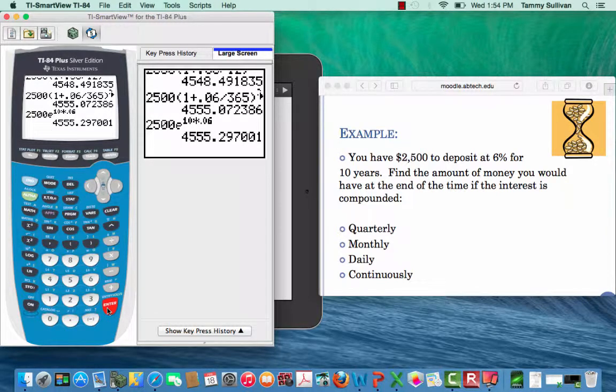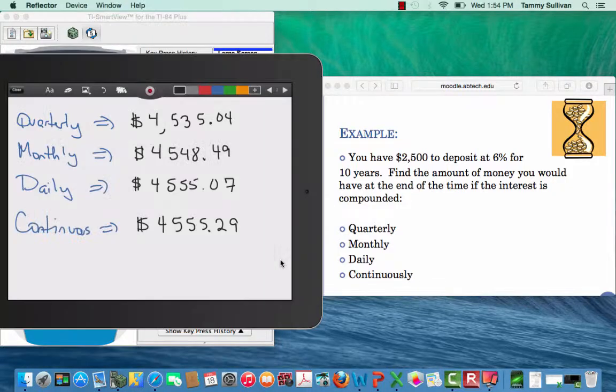And then the continuous gives me $4,555 and basically 29 cents, 30 if you round. So to sum it up, there's what if it was in the bank for 10 years, compounded quarterly, monthly, daily, and continuously.